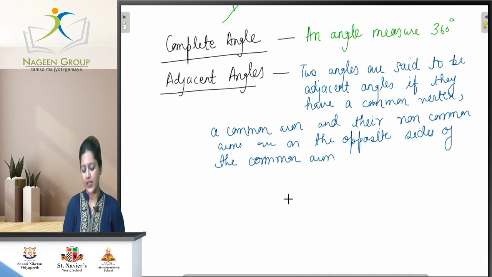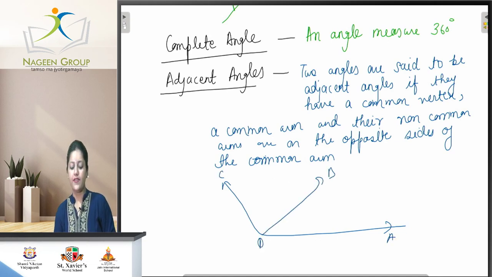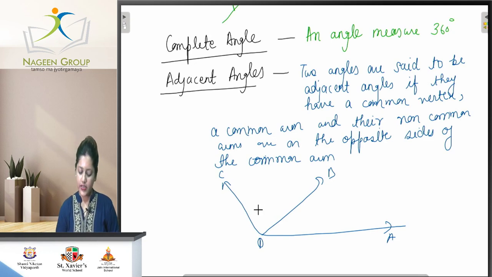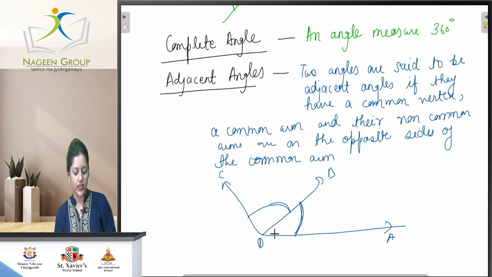If we make a diagram, it is like this. Here it is A, O, and this is B and C. These angles are known as adjacent angles. I hope you understand what I am telling here.